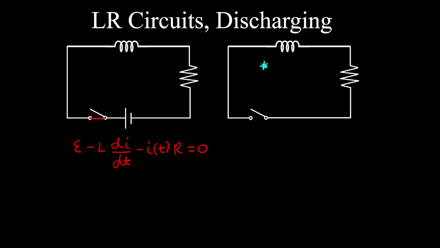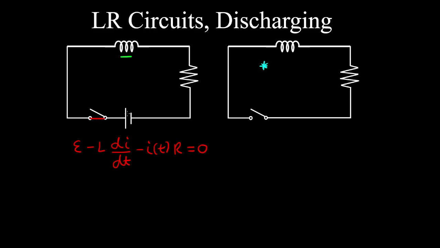After the current reaches a steady state, where the electrical energy from the EMF source is stored in the magnetic field of the inductor, it behaves like a wire. Remember, by Faraday's law, only changes in current induce an EMF in the inductor.